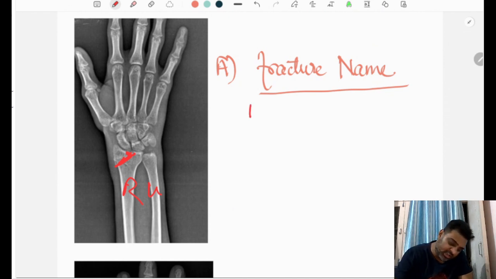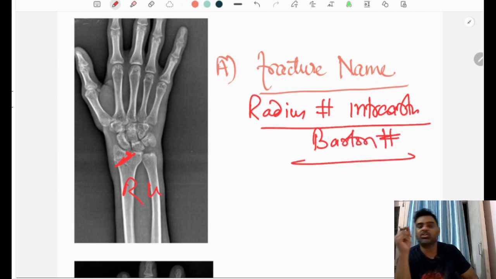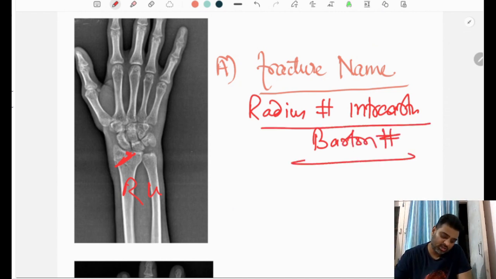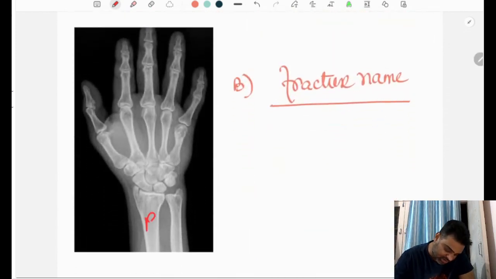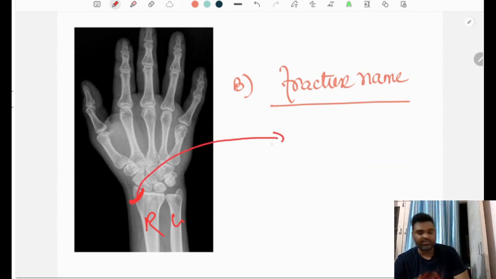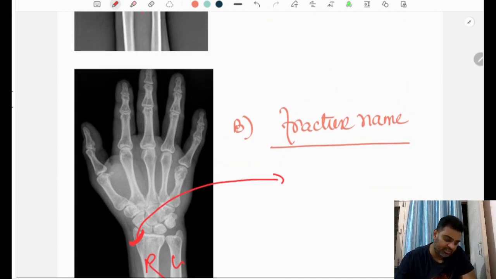It is a radius fracture which is intra-articular, and this is known as Barton's fracture. Now same here, this is the radius, this is the ulna, this is the styloid process of the radius. Since there is a fracture in the styloid process of the radius, that is known as Chauffeur's fracture.